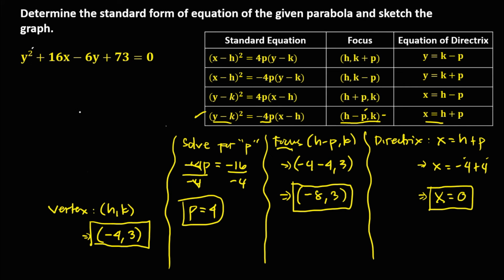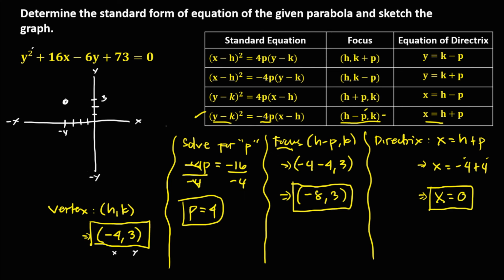So to graph this parabola, from the given axes, this one is x and this one is y, so positive x, positive y, negative x, and negative y. The x is negative 4, so negative 1, negative 2, negative 3, negative 4, and y is positive 3, so 1, 2, 3.